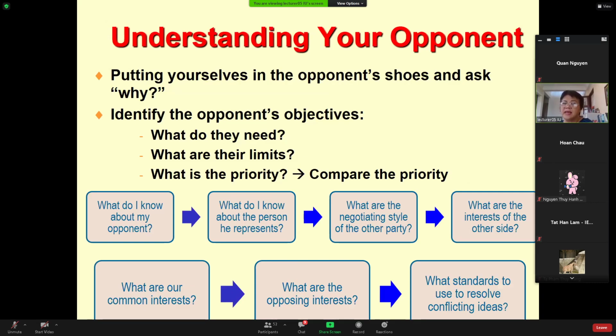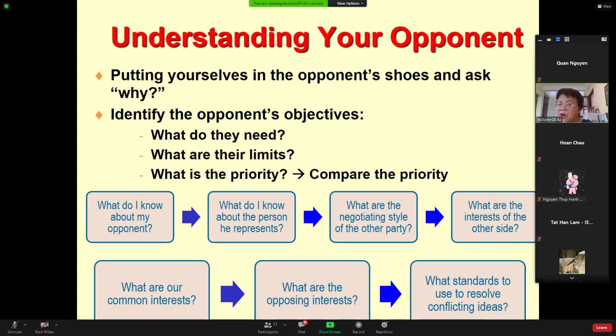Now, the second, understanding your opponent. That means we have to put ourselves in the opponent's shoes and ask why. Identify the opponent's objective. What do they need? What is the limit?